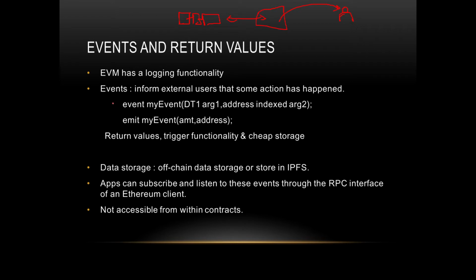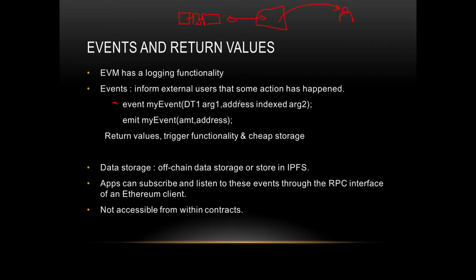So how do we do that? The syntax for an event is: event, MyEvent, which is the name of the event, and then the data type and then the identifier. Then again, this is the second data type. I have called it address.